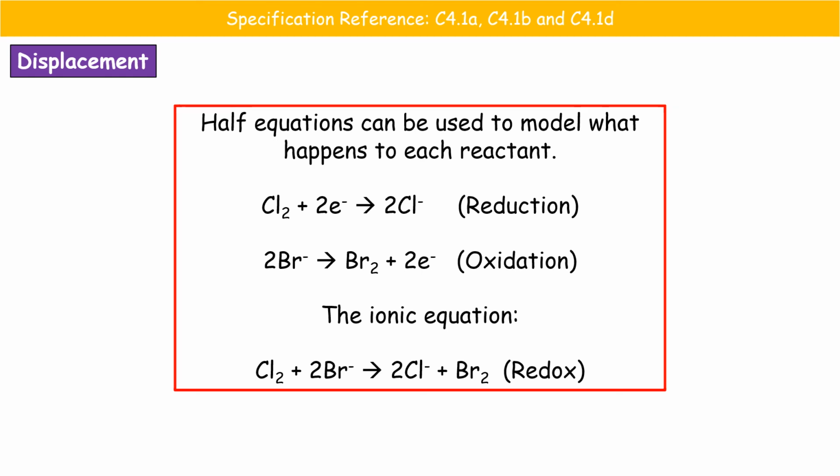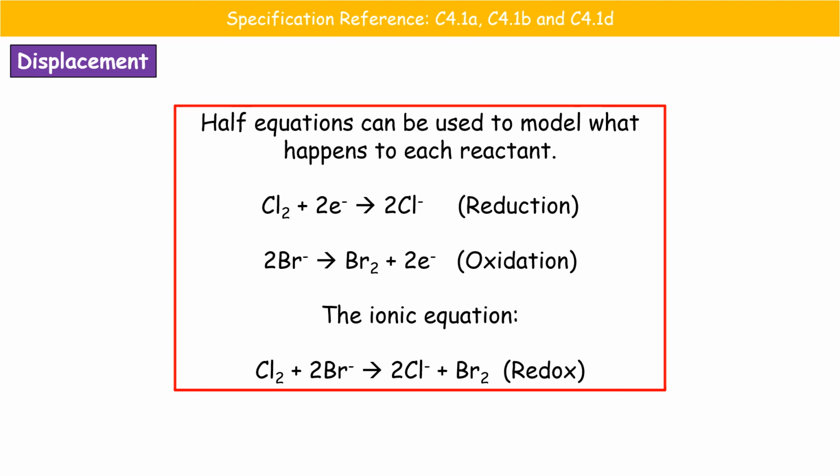If you're doing higher tier, then you do need to know about half equations, because again, half equations, going back to our first chemistry paper, are used to model what happens to an individual reactant in a particular reaction. So in this case, what we're looking at is if we've got our chlorine and then we're reacting it with something like our sodium bromide. Looking at chlorine first of all, we start off with chlorine Cl2.